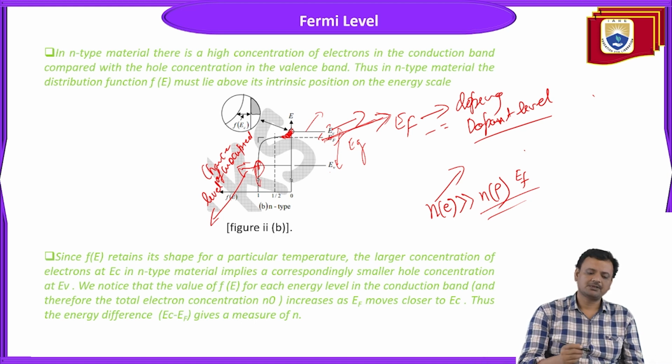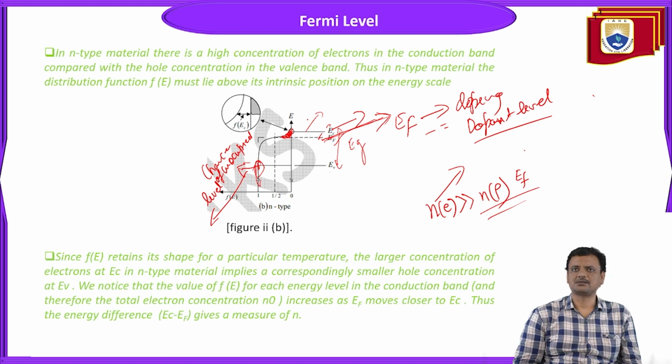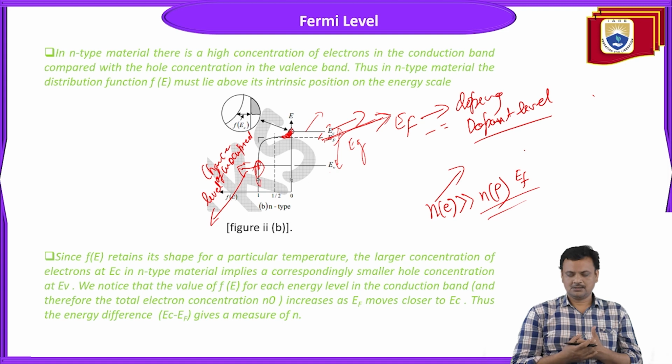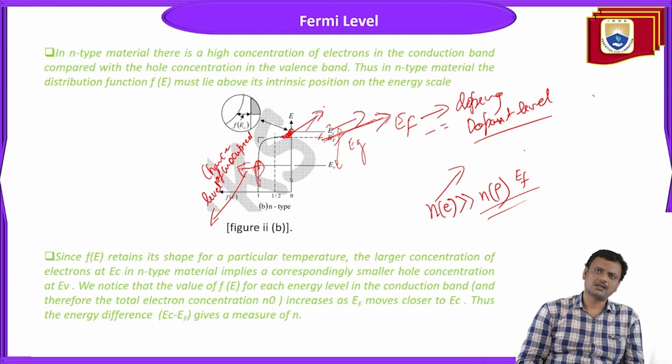And why does it happen? Because the Fermi level gets shifted near to the conduction band, and there is some chance that the energy levels available above the Fermi energy level can be populated or occupied.